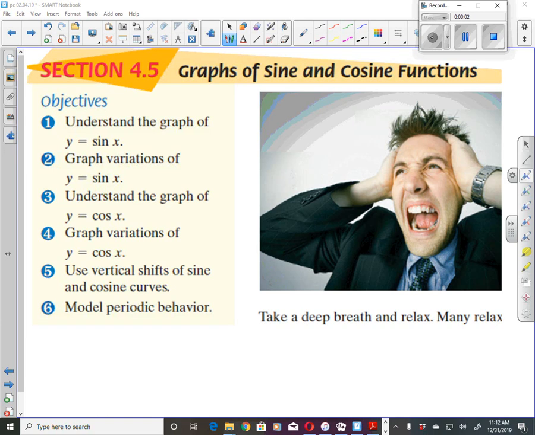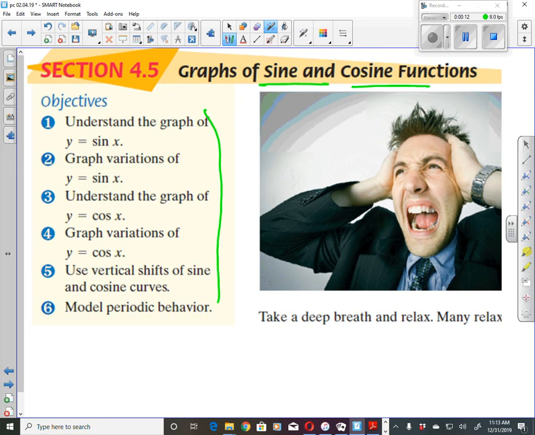Okay, section 4.5, we want to be able to graph sine and cosine functions. We're going to walk through a number of problems here doing this. We're going to end up using some transformations or some shifts to also easily manipulate or graph sine and cosine functions.